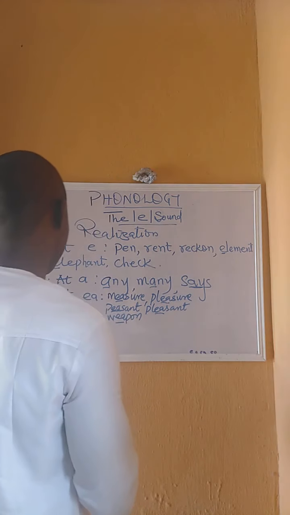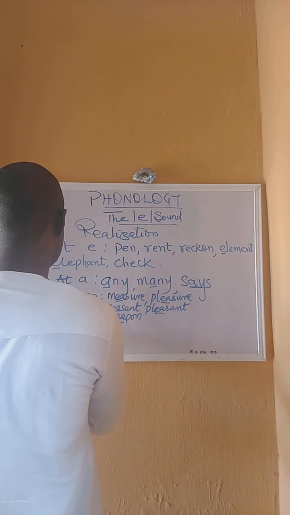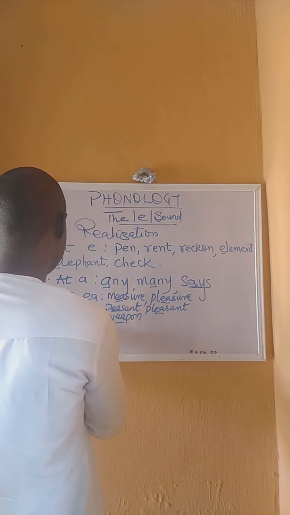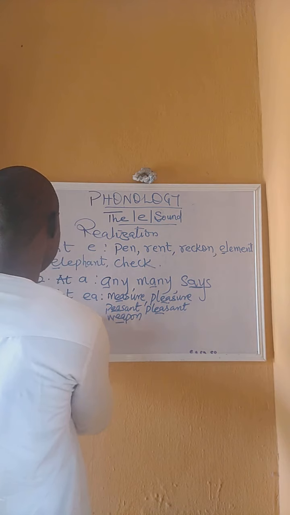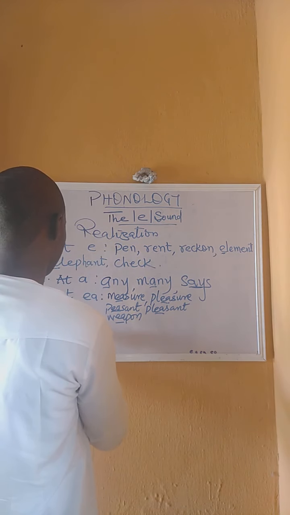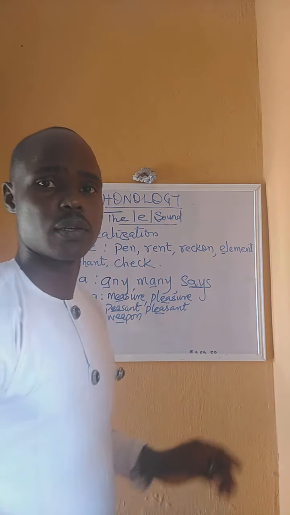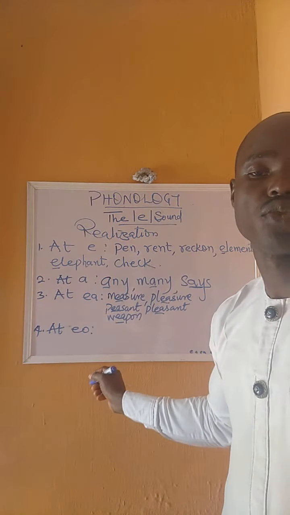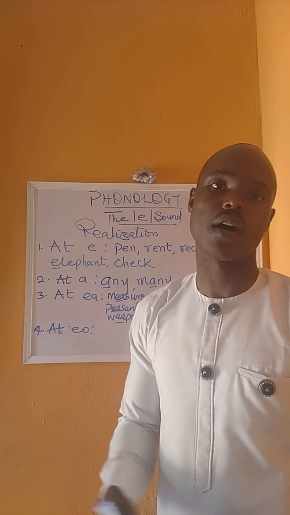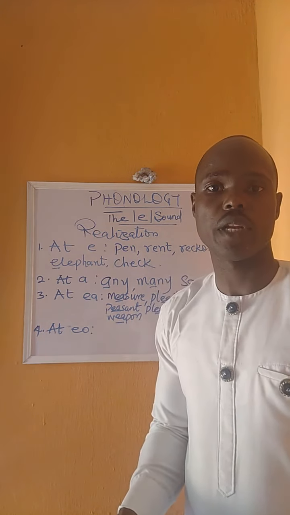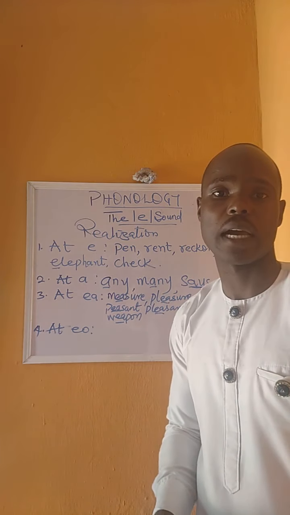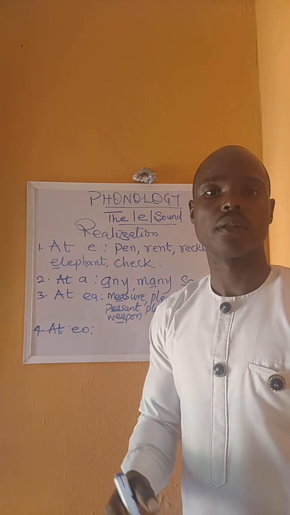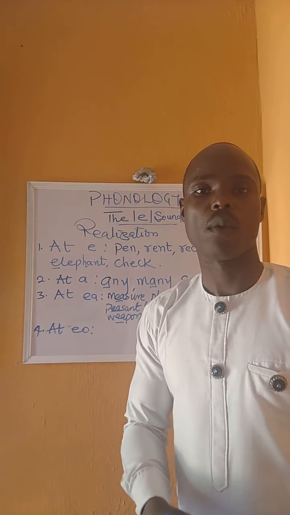And the fourth realization we would look at, which does not have many words as well, is at EO. Well, if we had not gotten up to two words here at EO showing realization for the short air sound, we would have just included it in others. But at least we had two words.